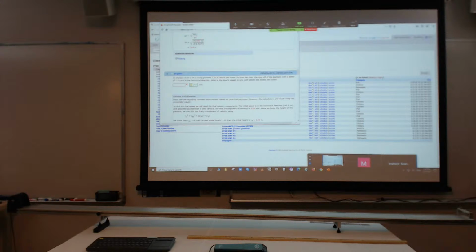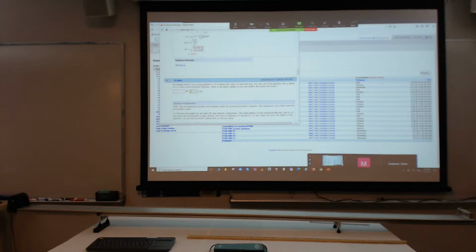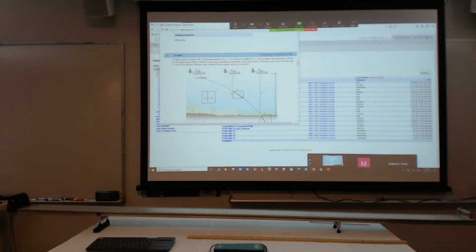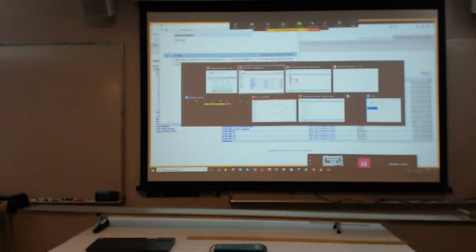Well, this problem looks very similar to this problem because the initial velocity in both cases is horizontal. So the strategy is supposed to be identical. Let's see. We have water.